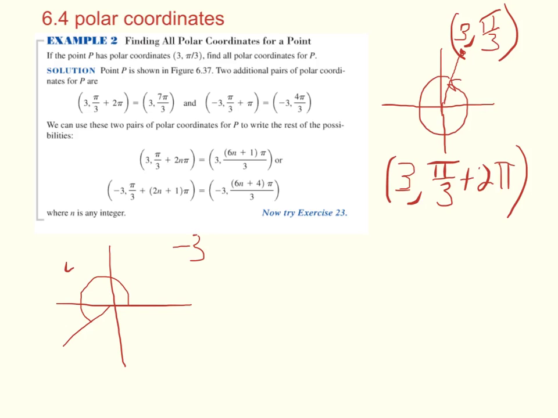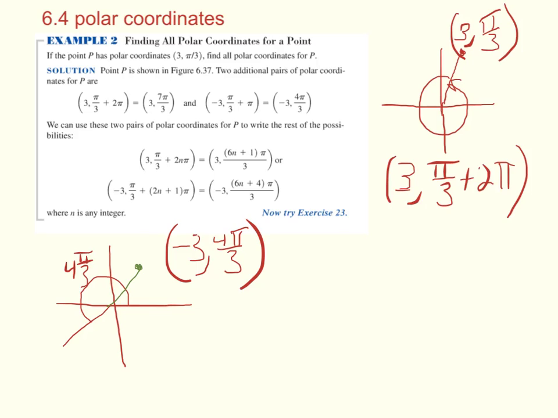This would be 4 pi over 3, and now we move in a negative direction, which means that from here we go backwards, and sure enough we're in the exact same spot, and we have negative 3, 4 pi over 3.